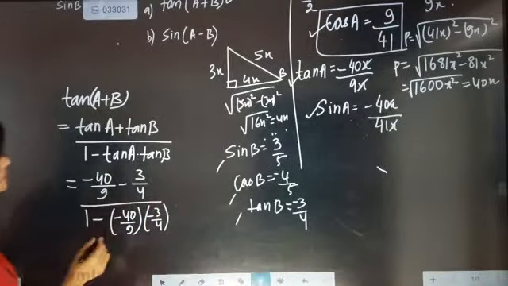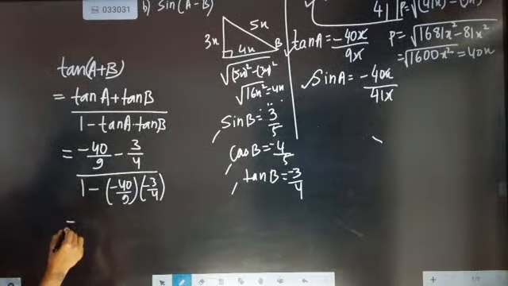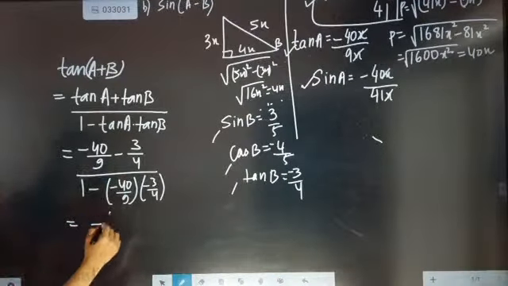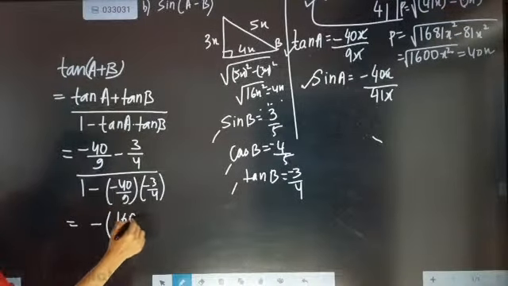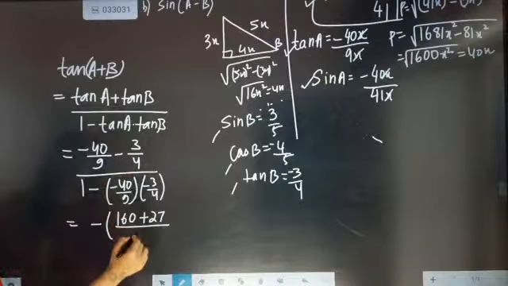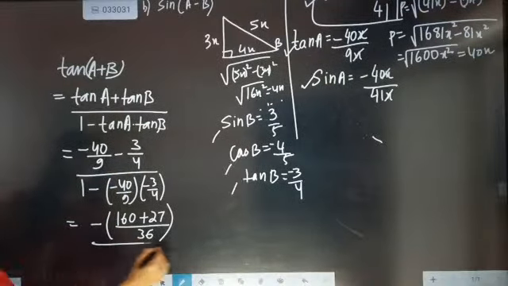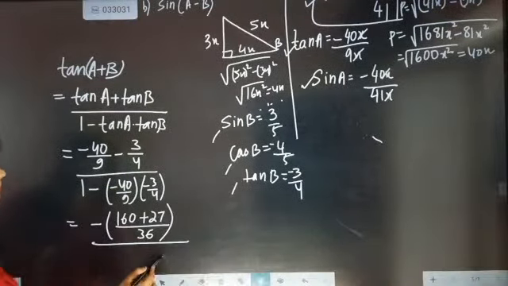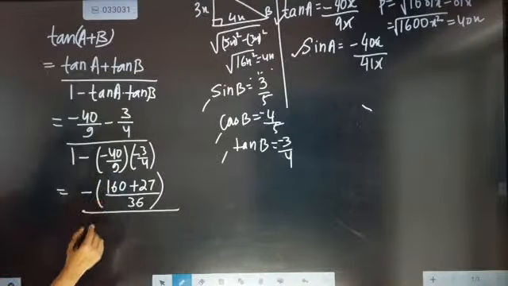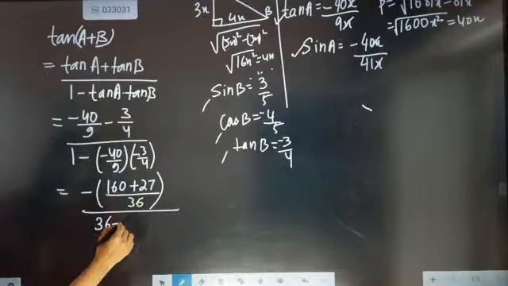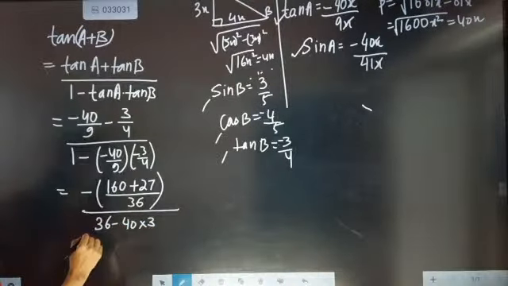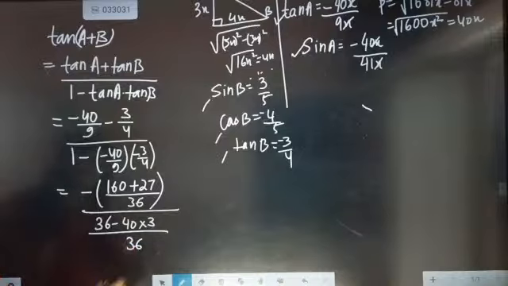Okay, so now only the solving section is left. We will take minus common, then it will become 160 plus 27 by 36, over here minus into minus will become plus, so 36 minus 40 into 3 by 36.